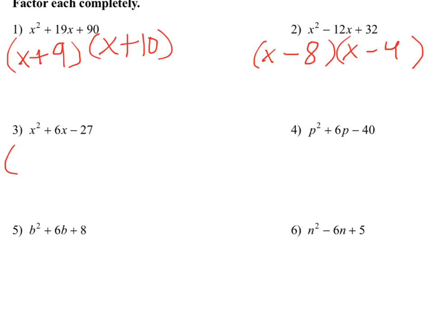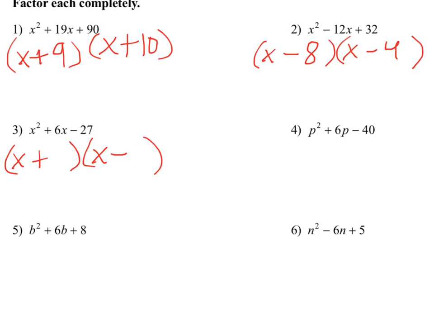Moving on to the next one, start out with, here I won't do x plus, I'll just do x in front. Okay, and now this one we have a situation where there's a negative. That means two numbers have to multiply together to give you this negative. So one's going to be positive, the other one's going to be negative. And then those two factors are going to have to add to give you 6.